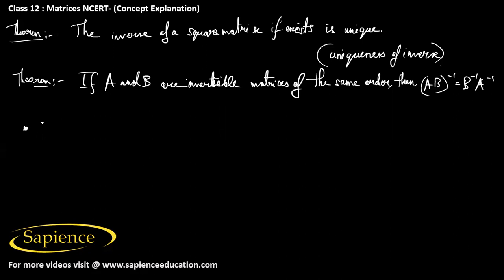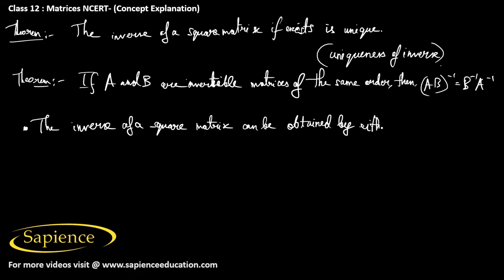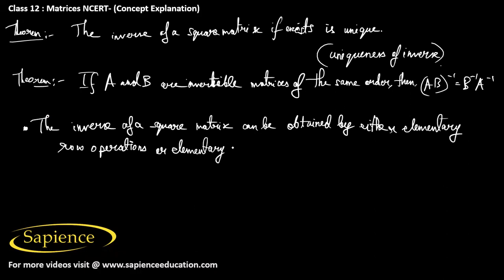There is a rule that the inverse of a square matrix can be obtained by using either elementary row operations or elementary column operations, which we shall understand by some suitable examples in the subsequent videos. Thank you.